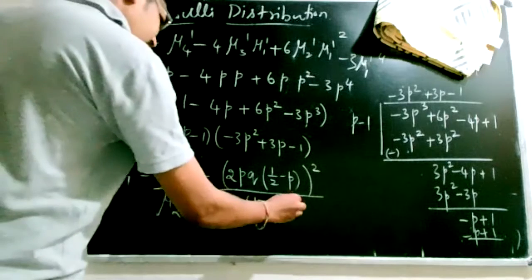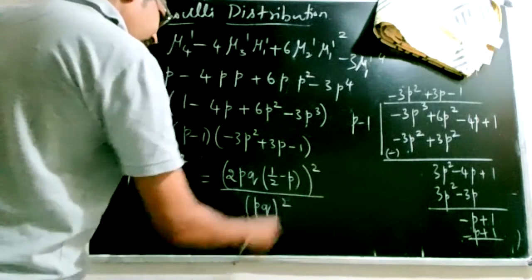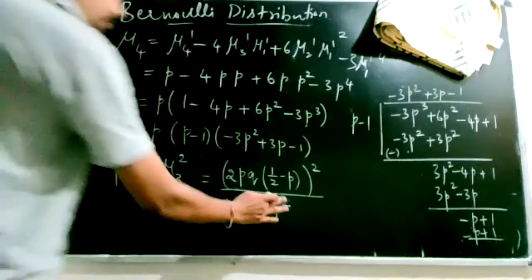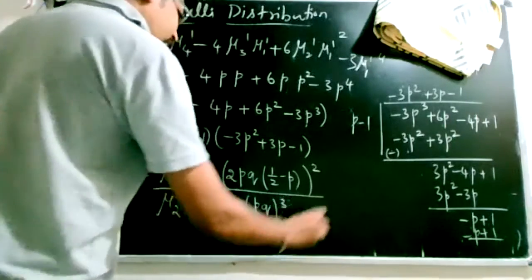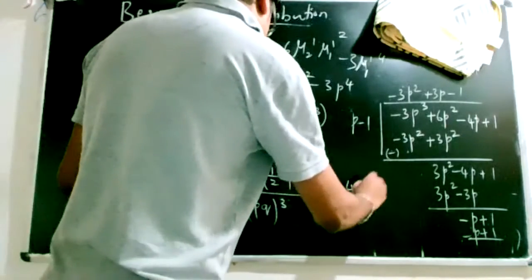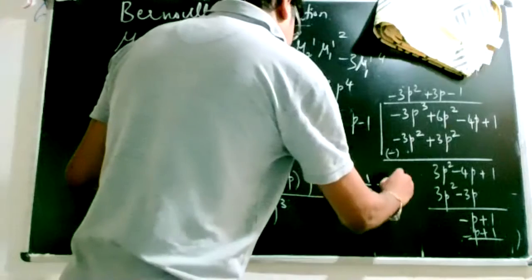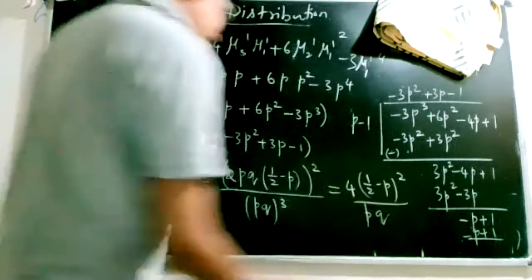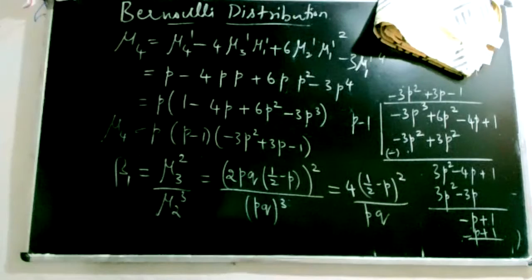So this complete pq cube, we'll be left with 4 into half minus p whole square divided by pq. So one pq cancels out, and that is our beta 1.